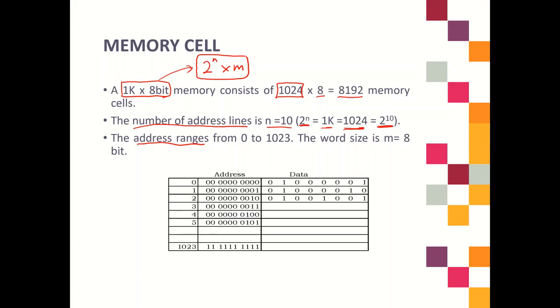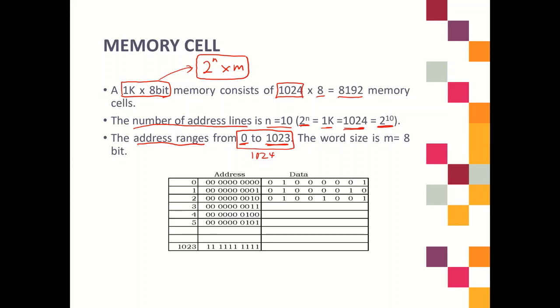So the address range must contain all the memory locations. We need to start from the smallest number, which is 0. So 0 to 1023, and the total here is 1024. That is how you determine the address range.